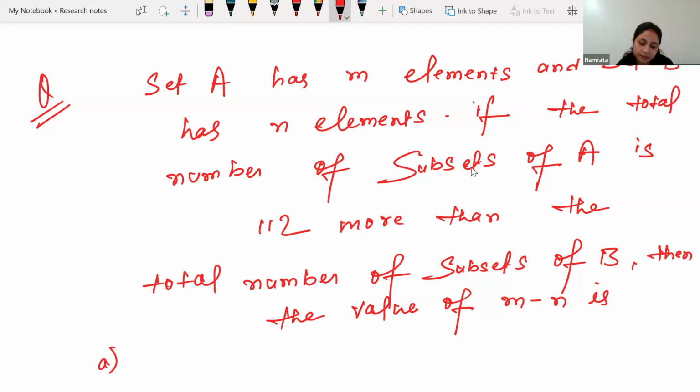Option A 32, option B 28, option C 39, option D none of these.